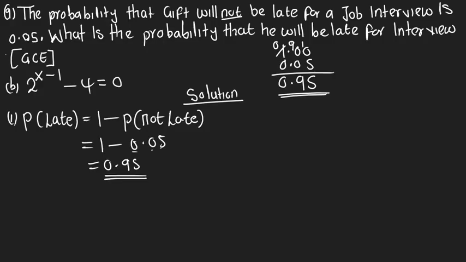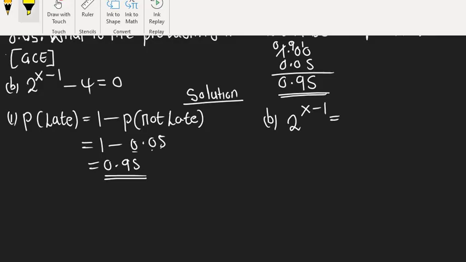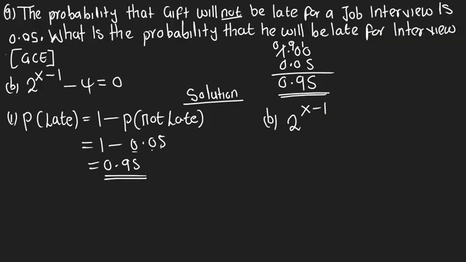This question was a GCE question also. They give you 2 to the power x minus 1 minus 4 is equal to 0. So what you do, same concept. First of all, work out what is the constant, take it on the other side.